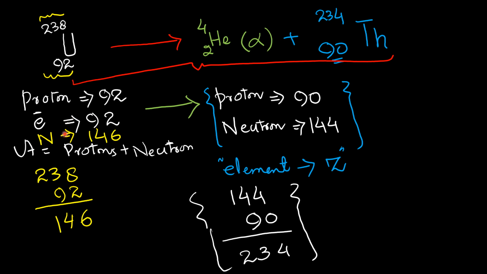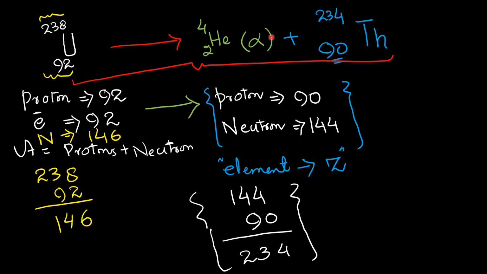Similarly, the number of neutrons on the left side is 146. On the right side, the alpha particle has 2 neutrons and thorium has 144, so the total is 146. Both sides are balanced and equal.